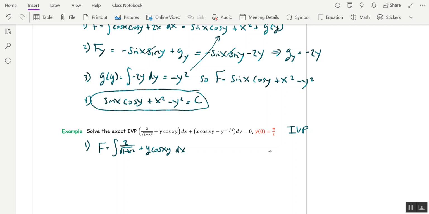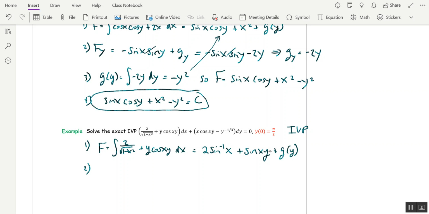All right, and I integrate, I get 2 sine inverse of x. And then if I'm integrating with respect to x, y is a constant. So a 1 over y comes out, and I'll just get plus sine xy. Make sure you follow that, plus g of y.